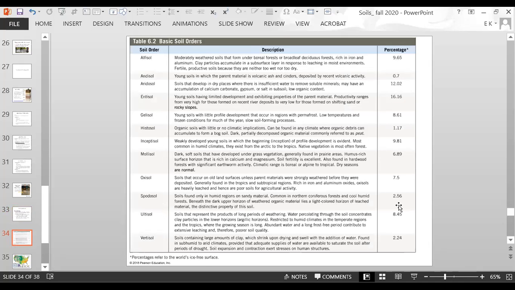And then the percentage stands for the percentages of the world's ice-free surface. So alfisol makes up almost 10% of the soil on the Earth's surface where there are no glaciers. So ice-free just means no glaciers.